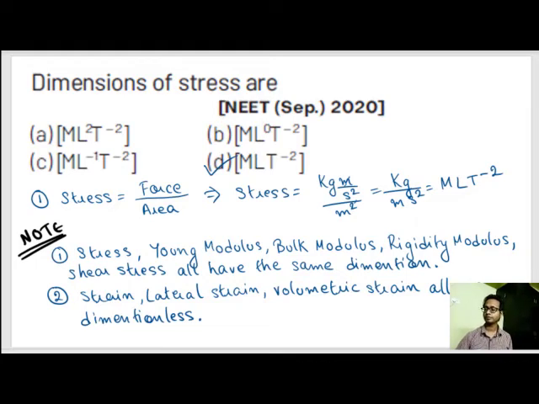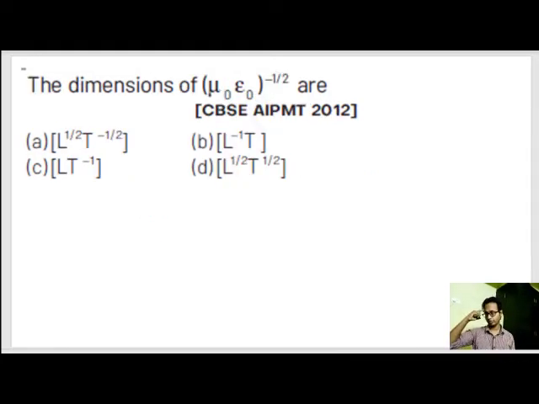Okay. Now let's look at the new question. The dimension of permeability of free space into permittivity of free space to the power 1/2. This is directly from notes, and it will be taught in magnetic effect of current. This is a directly theoretical question.